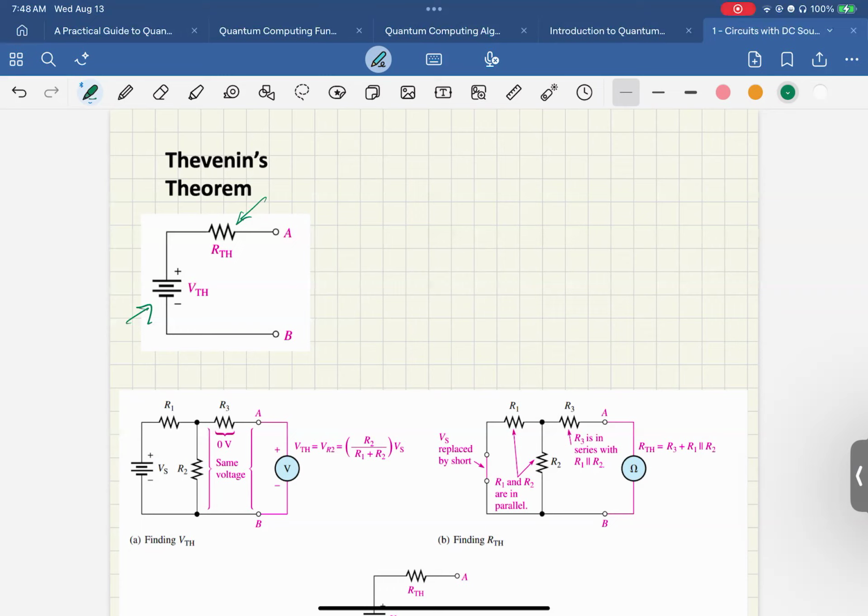Okay, tapos i-measure nyo yung resistance. So yung resistance na yun, it's the effective resistance ng buong electric fan. Okay, and that's your Thevenin resistance. Okay, and then the Thevenin voltage is the voltage that's required to give power to the electric fan, which is of course 220 volts.